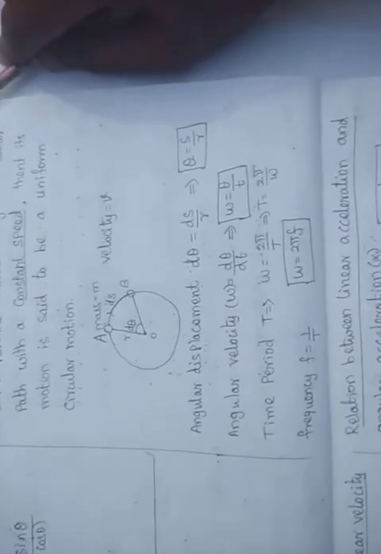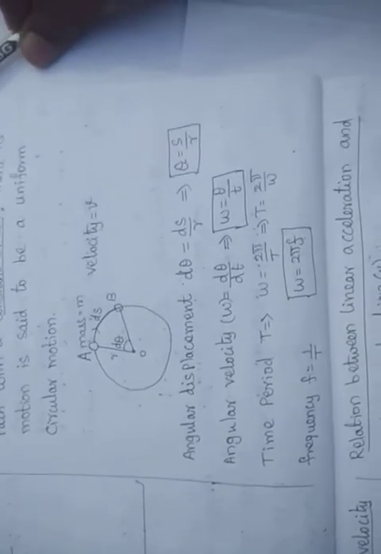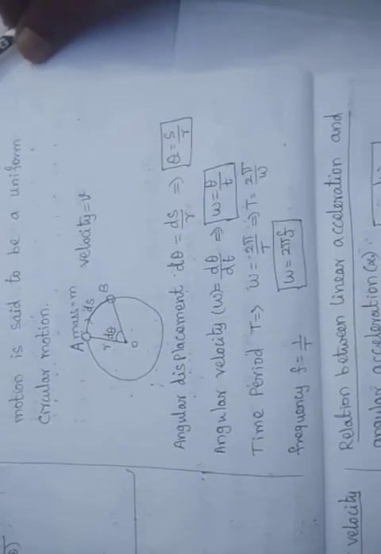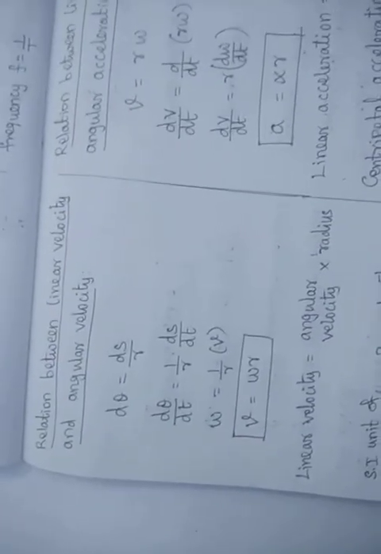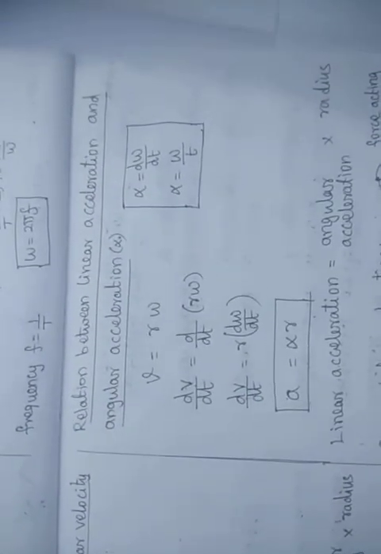Then we find the angular displacement, angular velocity, time period, and finally we derive the expression for relation between the linear velocity and angular velocity, and linear acceleration and angular acceleration. Okay, and what is the SI unit of the angular velocity and angular displacement? Finally, we will see the centripetal acceleration formula. Finally, we conclude with the problems.